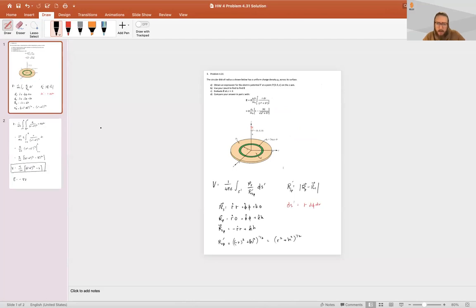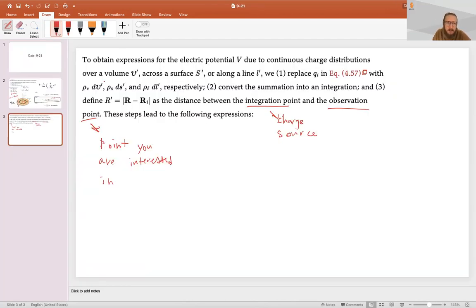And so we could write this as rp minus rs. Does this make sense to you?